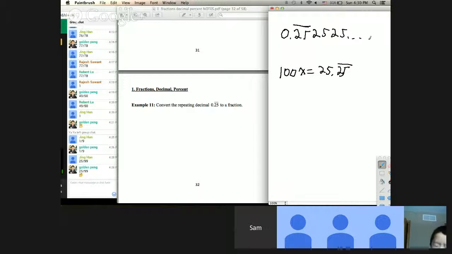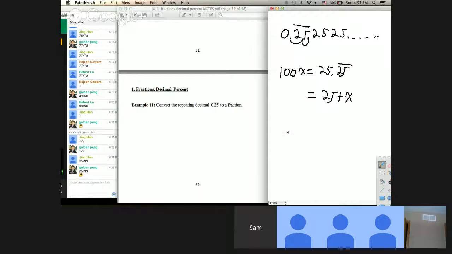So once I multiply by 100, I move this over 2 spots, 1, 2, now it's 25.252525. And we already know that 0.25 repeating is equal to x, so we can let this equal 25 plus x.